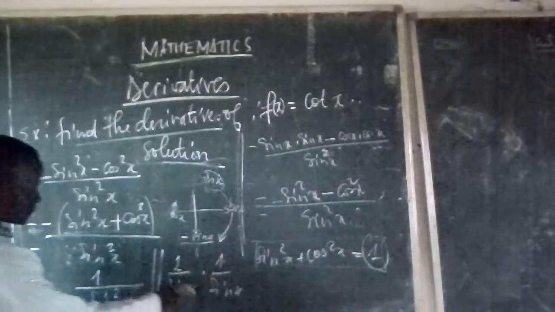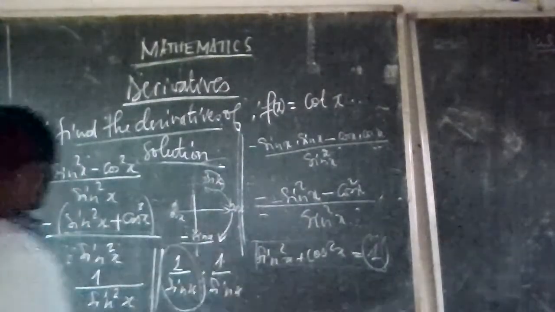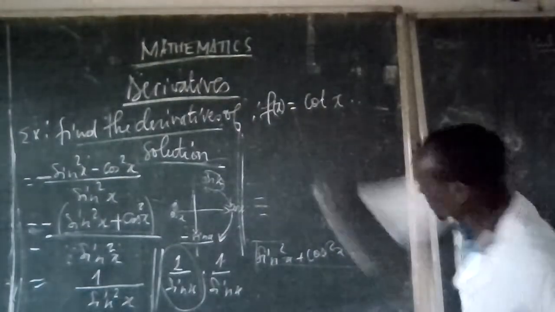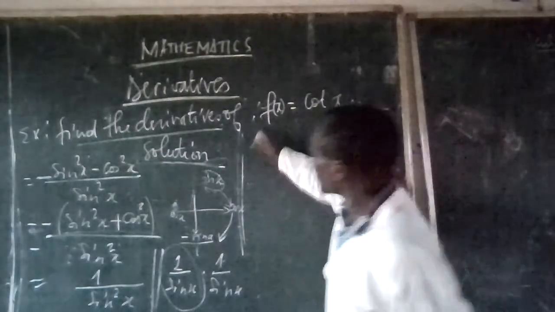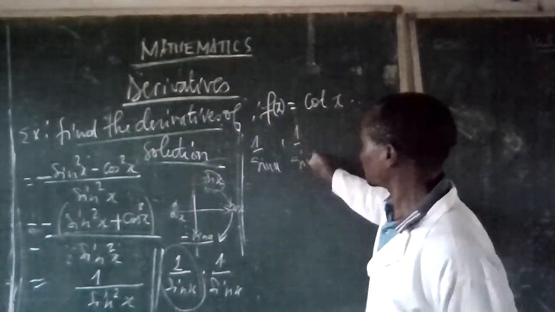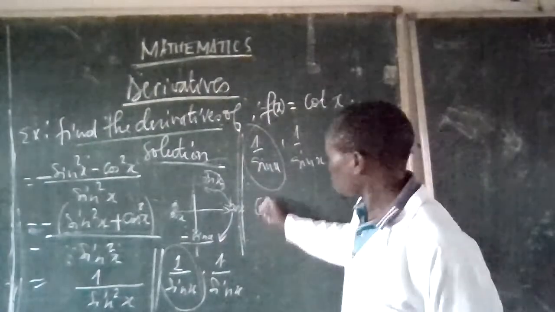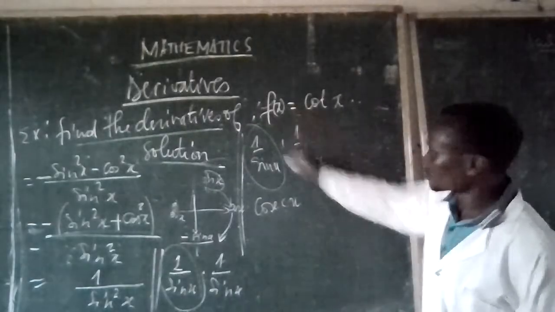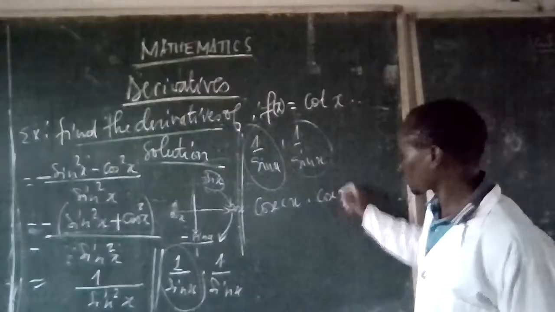So if you have this term, 1 over sine, its inverse is cosec. It will be 1 over sine x times 1 over sine x. This one is equal to cosec x, and also this one, similar to this, is cosec x.